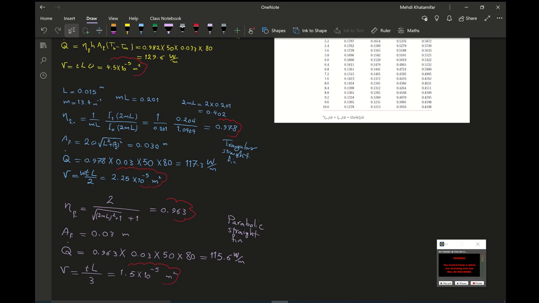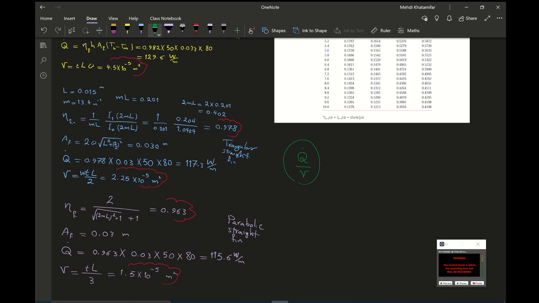So overall, if you compare Q dot over volume, you are going to have a better comparison between different fins. This is much easier than designing all the shapes or geometry of the fins in a way to have the same volume and then comparing them, which is difficult.